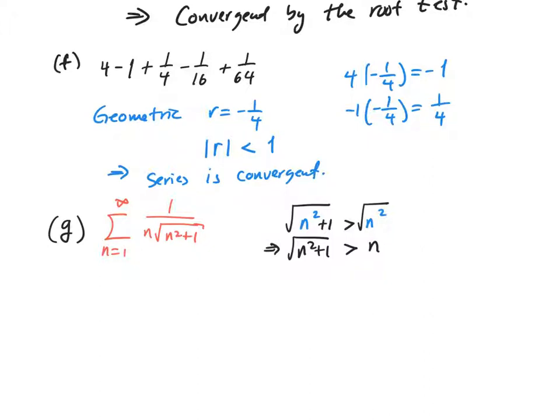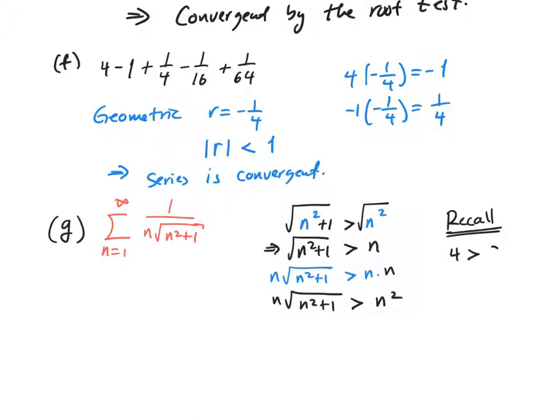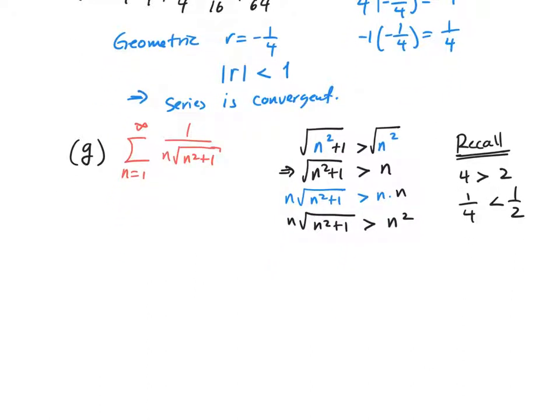If we multiply both sides by n, then that means that n times the square root of n squared plus 1 has to be greater than n squared. Okay? Also, recall from basic math, if 4 is greater than 2, that means 1 over 4 is less than 1 over 2, right? So we use the same logic.